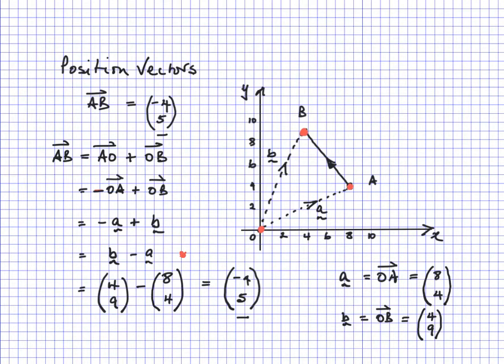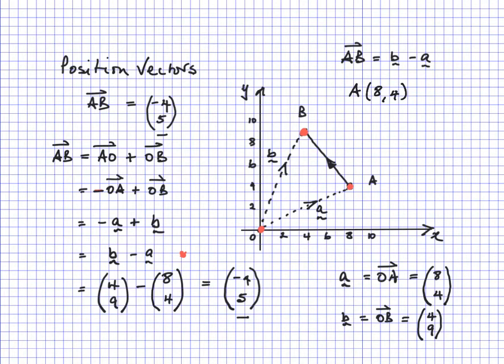What we can say in general is that AB can be found by subtracting A from B. And these are the position vectors here. That's the position vector of the point B, and that's the position vector of the point A. The coordinates of the point A are 8 along, 4 up.